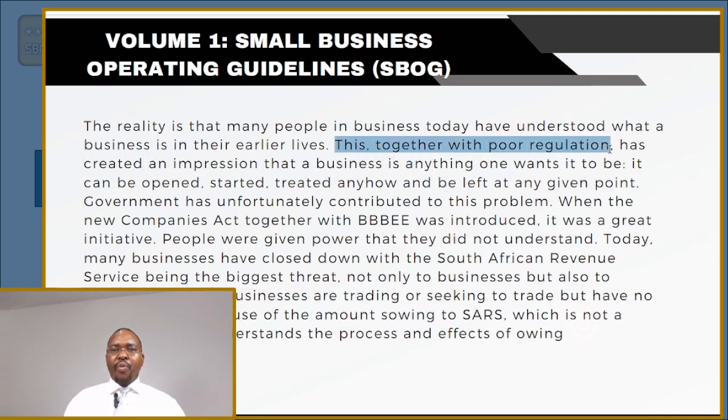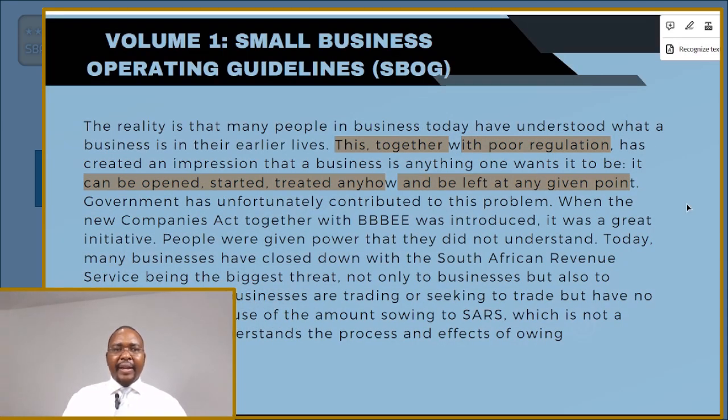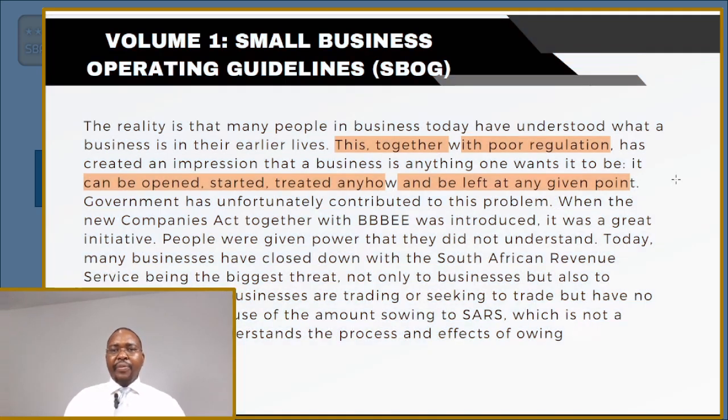There is so much poor regulation in South Africa about small businesses. And this has created an impression that if you want to have a business, you can start a business, create a business, and leave the business at any point. And this impression is wrong, because you cannot do that. It's just wrong to think that you can start a business and when you feel fit, you leave it anyhow.